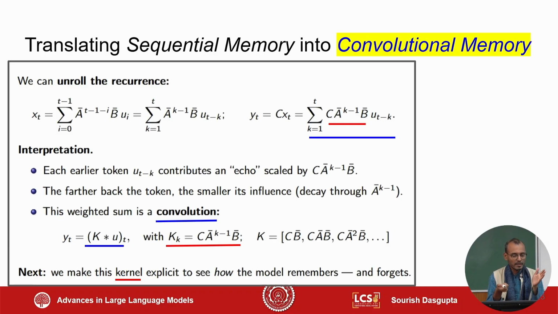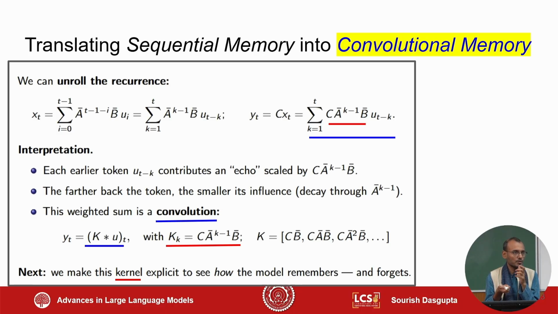You just say, let that be K_k, till that time point. So for every time point you have such a K. When k equals 1, you have C B bar. When k equals 2, you have C A bar B bar. When k equals 3, you have C A bar squared B bar, and so on.